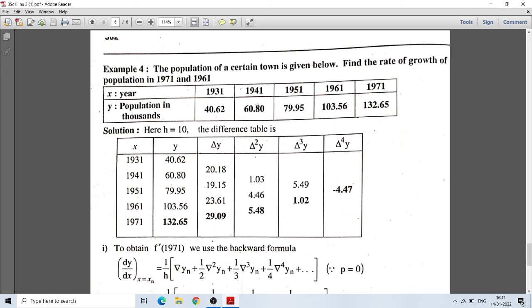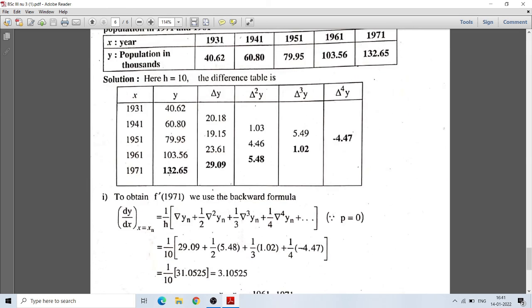Using this, we can find the forward difference table like this. As you know, this is the forward difference table. But we are using xn, which is 1971, and yn, which is 132.65. Then this is ∇²yn, ∇²y1, ∇³y1, ∇⁴y1.